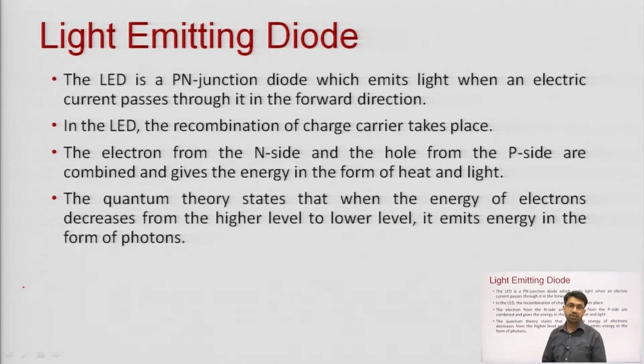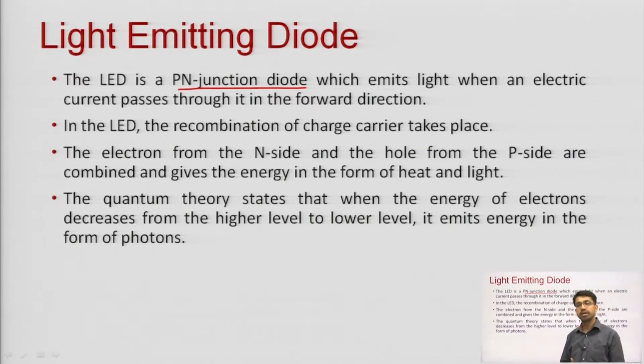As we already know, LED stands for light emitting diode. So it is a diode. When we forward bias this special purpose diode, it emits light through the junction region. It is a PN junction diode which emits light when an electric current passes through it in the forward direction.